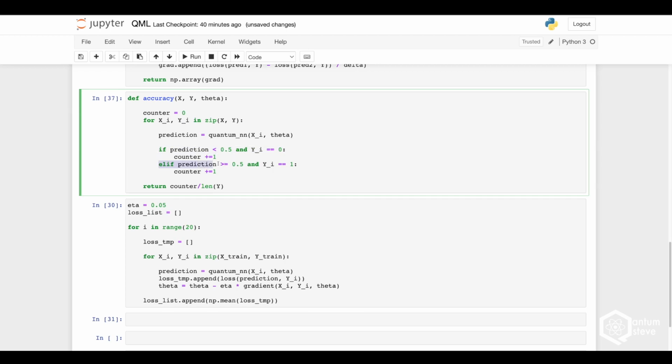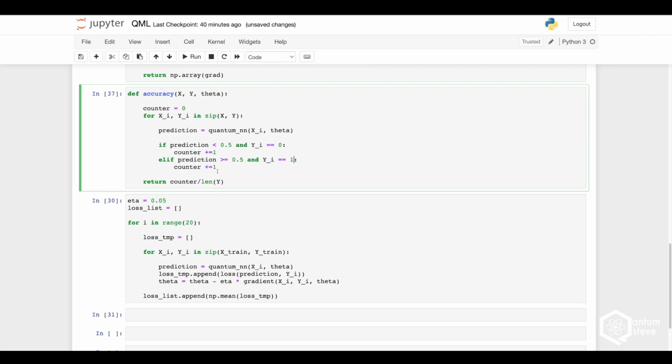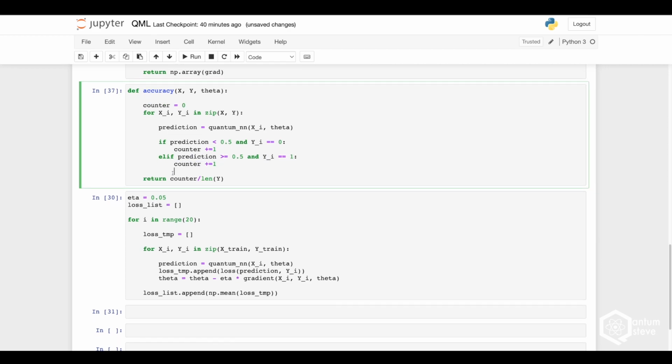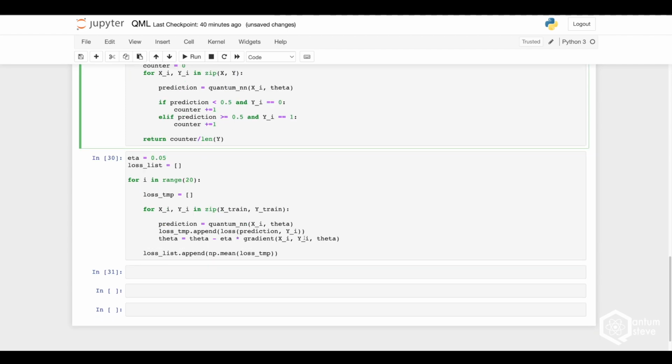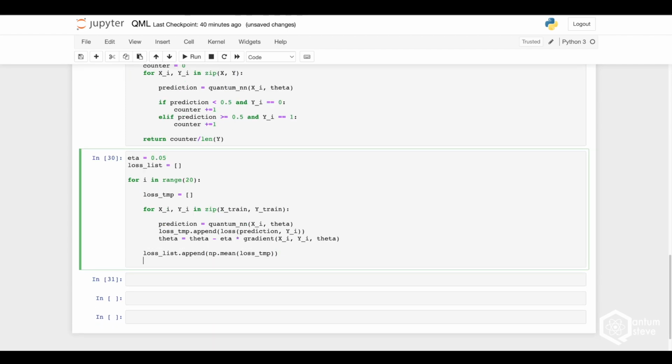And if the prediction is bigger than 0.5 and the true label is 1, then we also increment the counter by 1. And then what we return is basically just the percentage of how many data points we got correct out of all of the data points that we are showing. So I'm just gonna calculate the accuracy here as well to keep track of it during our training.